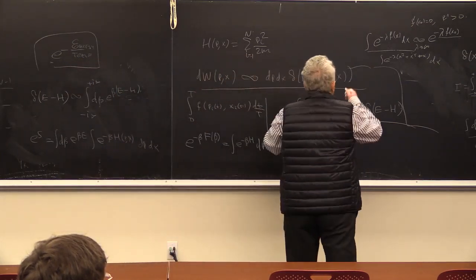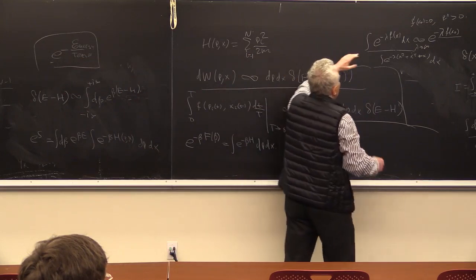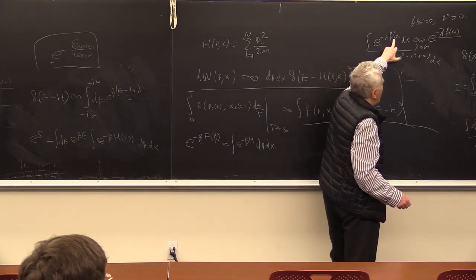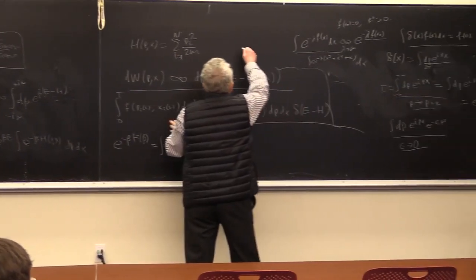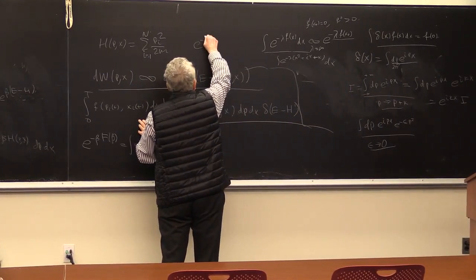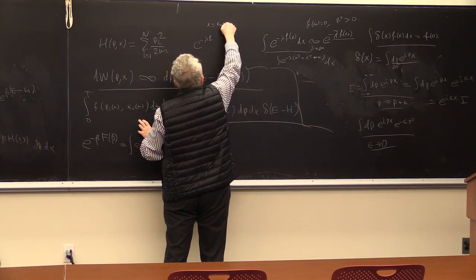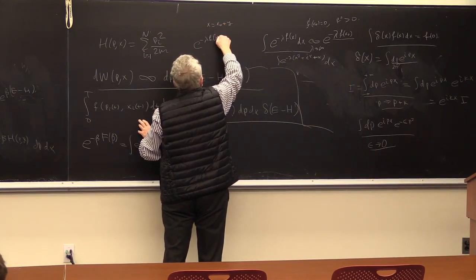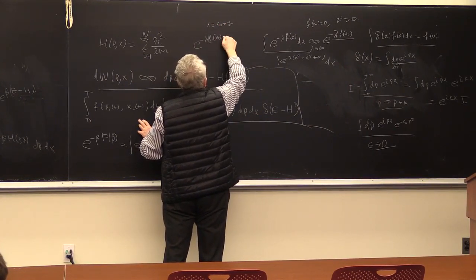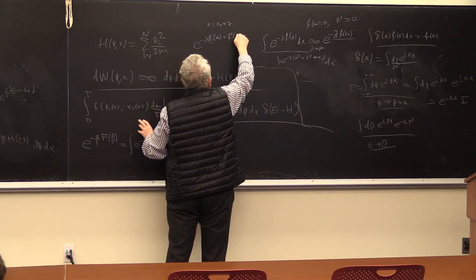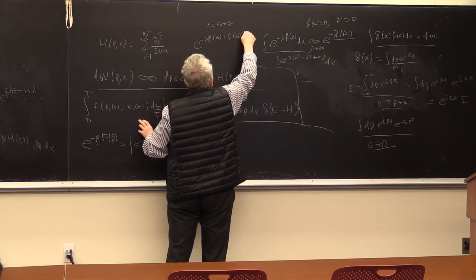It's very simple. You just say that if I have a minimum, then I can expand around x naught plus y. I have f of x naught plus f double prime of x naught y squared.